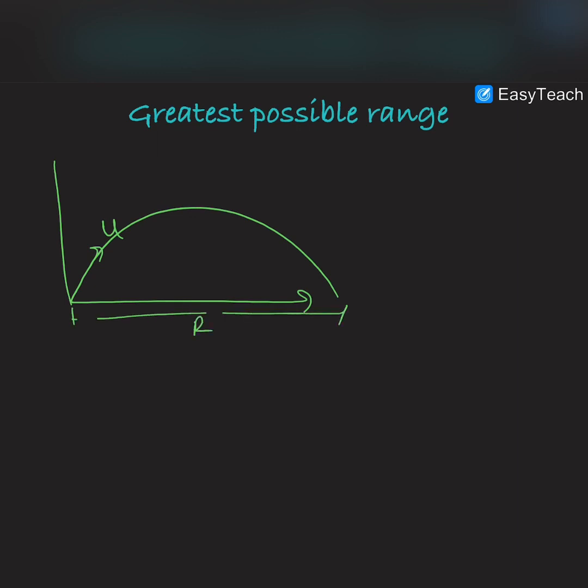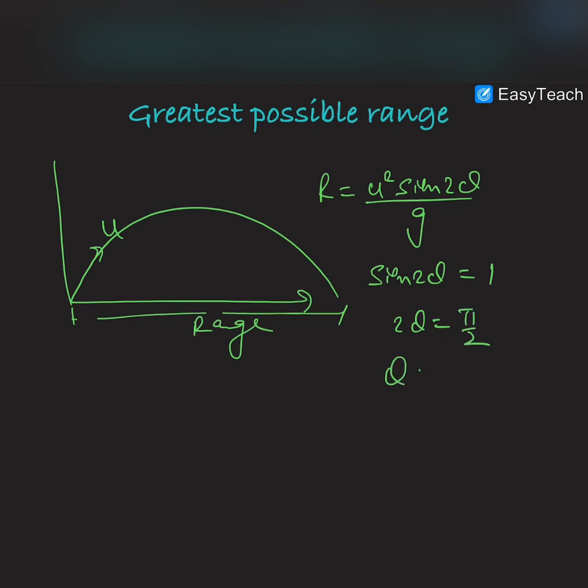We know that the formula of range R is u square sine 2 theta by g, and for range to be greatest, sine 2 theta should be equal to 1, which is the greatest value of sine 2 theta, and it would happen when 2 theta is equal to pi by 2 and theta is equal to pi by 4.